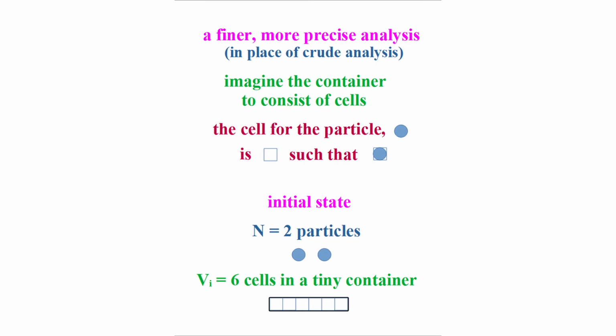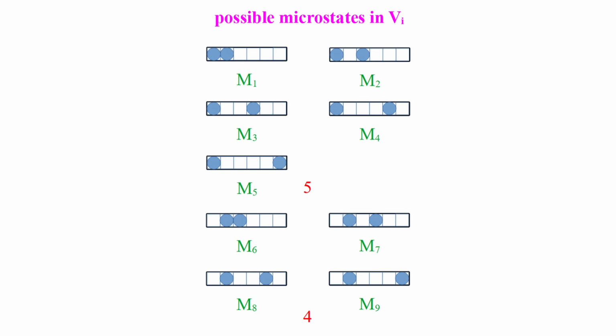6 cells. Since the cell number serves as the label for the particle occupying it, we do not need to label the particles as A and B. Just the circle representation of the particle itself will suffice. Both particles are indistinguishable from each other.